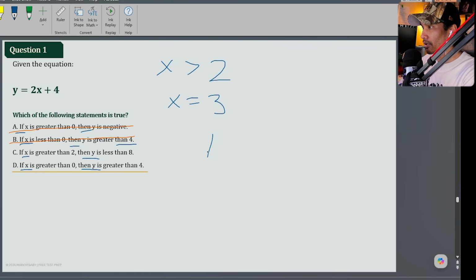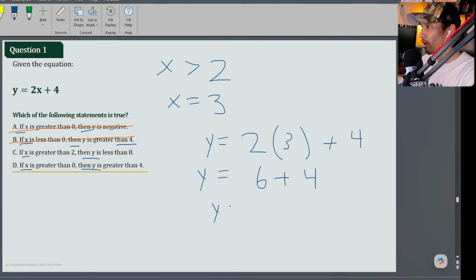So I'm going to plug that in. 2 times 3 plus 4, y equals 6 plus 4, and I get y equaling 10. Is positive 10 less than positive 8? No, it is not. It is in fact greater. So, boom, cross that out. And then we have the last one here.